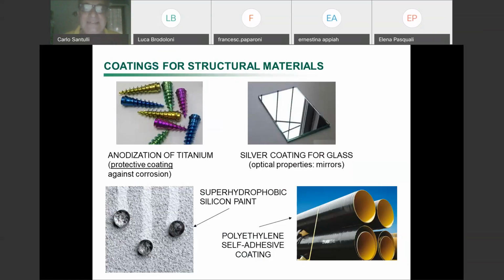Thinking of paints, well, it's obvious that if water stays there and the paint is moist, it's humid, then you find out that further problems may arise, and the paint might be damaged, the color may fade, and so on. Therefore, you would need, in some other cases, to have a super hydrophobic behavior.